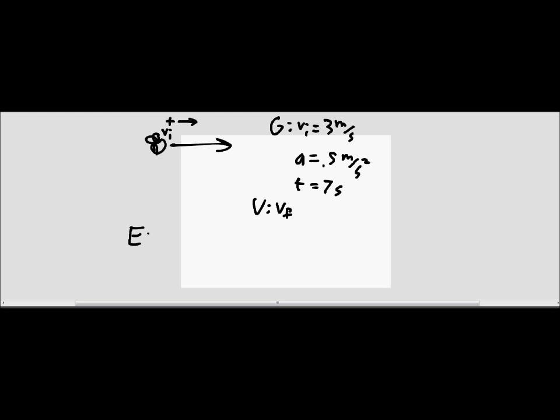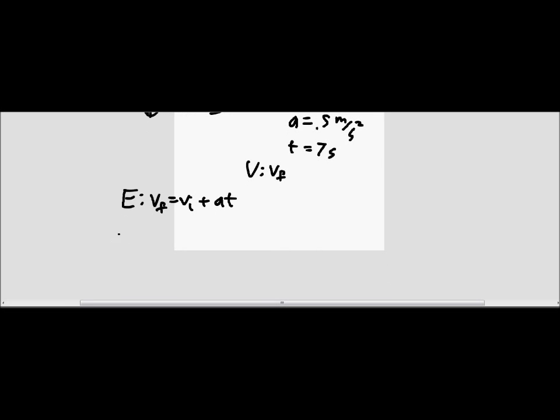So if we were to look at our equation sheet and look at everything that we have, we would see that the equation that it's best for us to use is velocity final is equal to velocity initial plus acceleration times time. We have acceleration, time, and the initial velocity, so we can really easily find the final velocity. So we'll just go straight into the substitution.